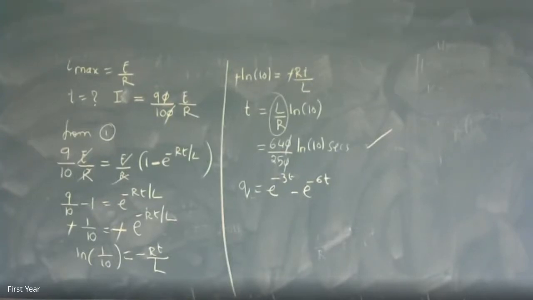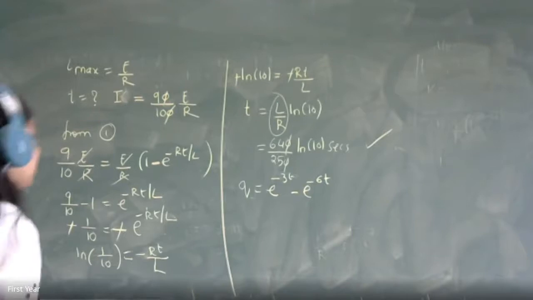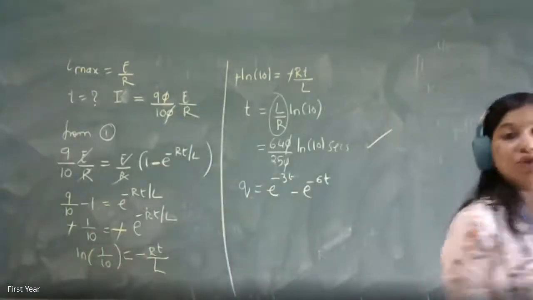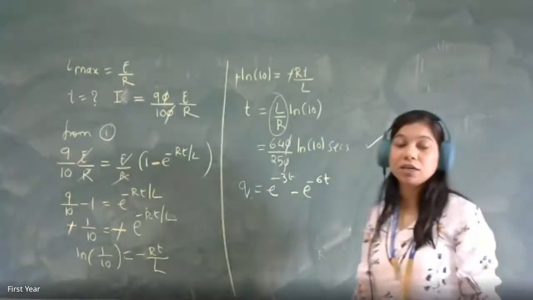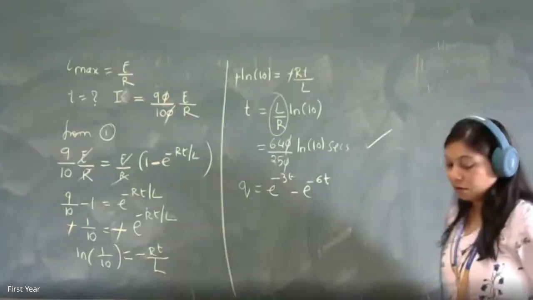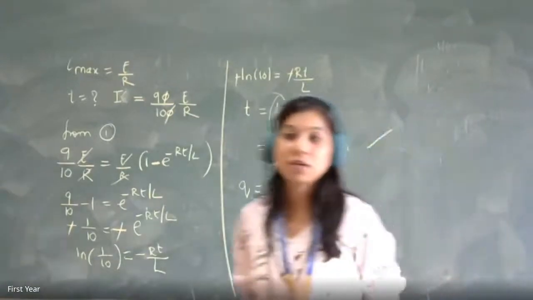In an RC circuit, Q is the charge, a function of t. Then the time required for maximum charge on the capacitor is. So this is an MCQ question. Tell me how you are going to do this.